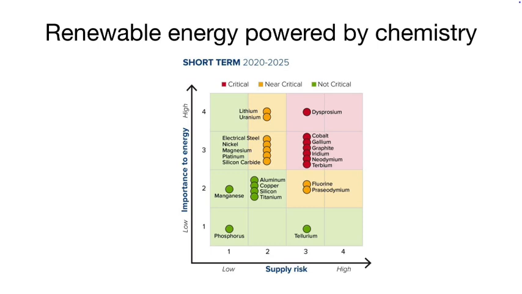If we look at supply risk, what kind of systems do we have in place to actually obtain the raw materials to do the technology we need? If we're looking at a high risk, that's going to be kind of problematic. If we look at how important it is, if it's really, really important, that's also potentially problematic if it's a high risk. So if we look at that upper right-hand corner, all of those elements become very, very important and highly valuable to our energy production.